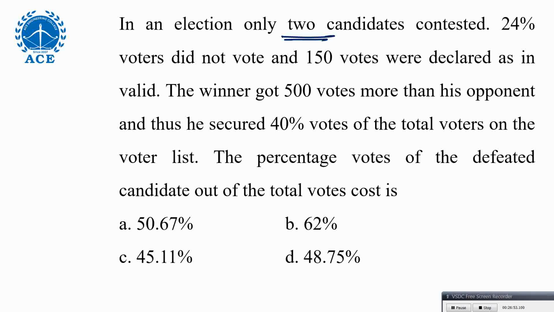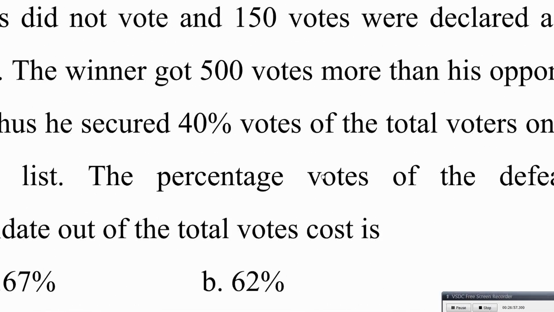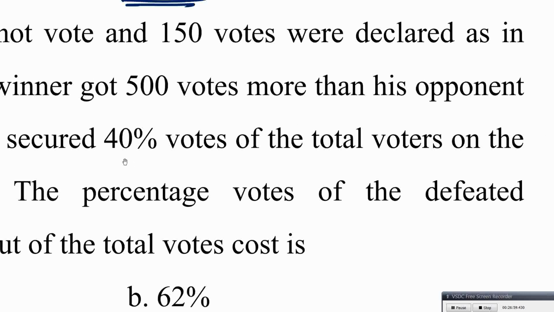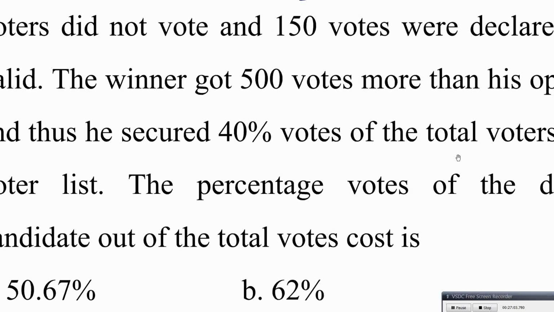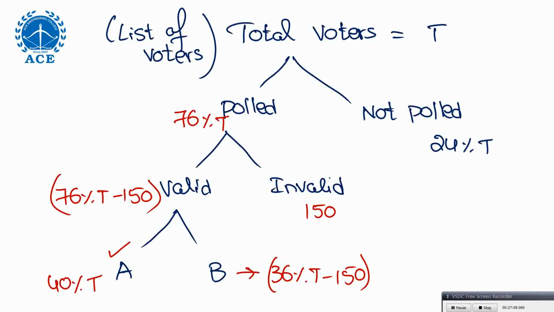They gave it clearly in the question: the one who won got 40% of the total voters on the list, and he got 500 votes more than his opponent. That we will take, don't worry. Now what is given: A is the one who won the election, right? A got 500 more than B.